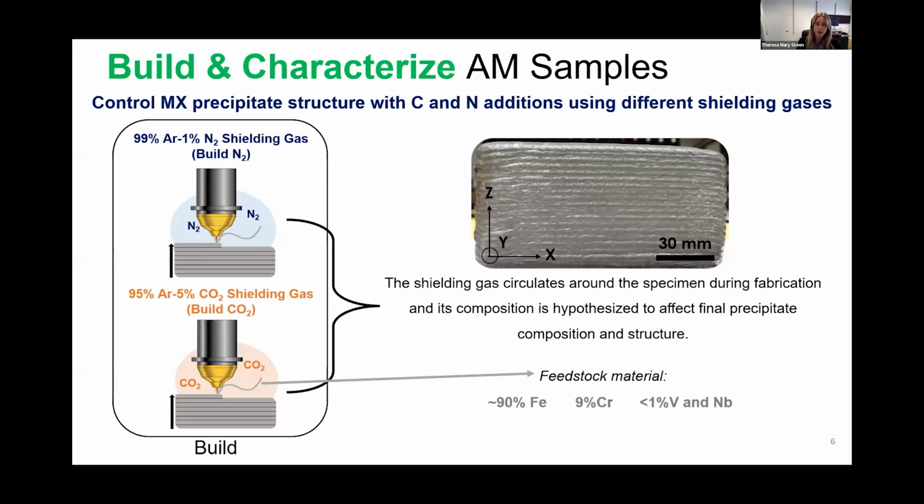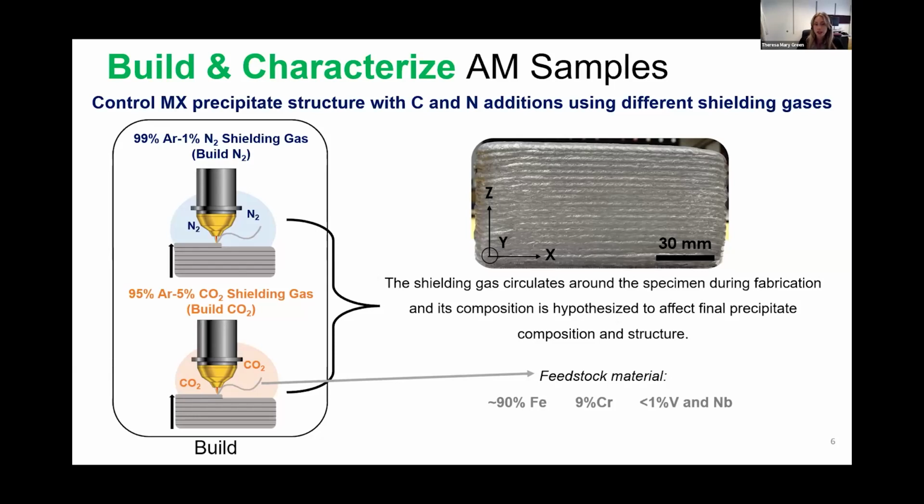One specimen had a mixture of argon and 1% nitrogen gas circulating during fabrication, and the other had a mixture of argon and 5% carbon dioxide. For these 2 different builds, I will refer to them as build N2 or build nitrogen and build CO2 or build carbon dioxide for the rest of the presentation.